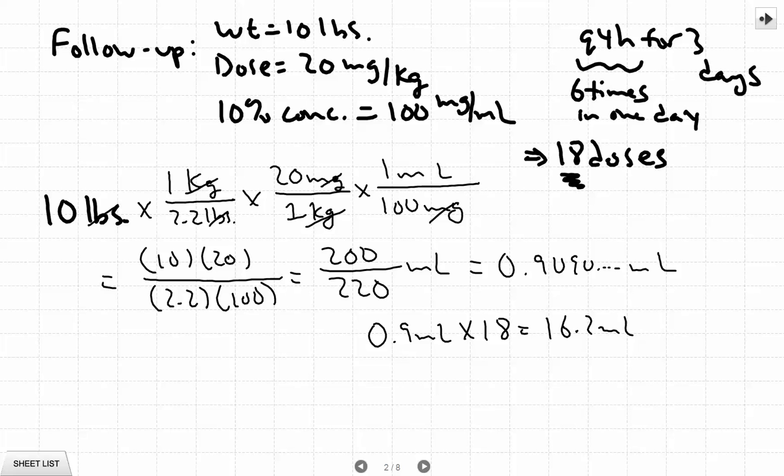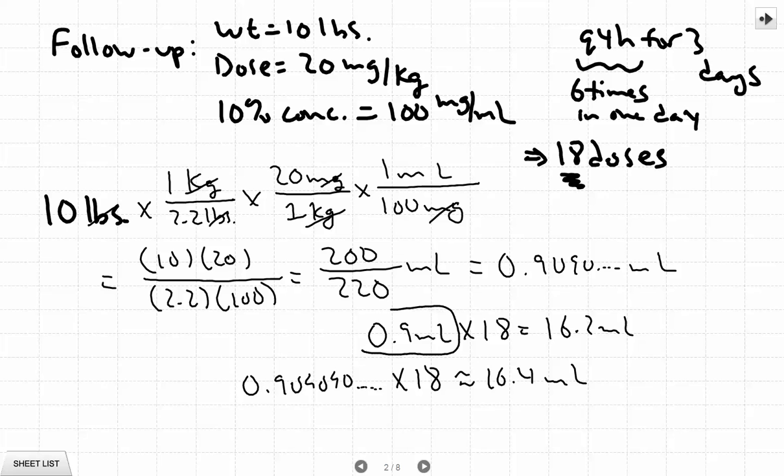If we were to take the original value, 0.909090, etc., multiply that by 18, it comes out closer to about 16.4 mLs. So there's a slight difference, but since you're going to be giving a single dose, you want to know what the value of the single dose is, and that would be 0.9 mLs. So we're going to go with this as the additional amount.